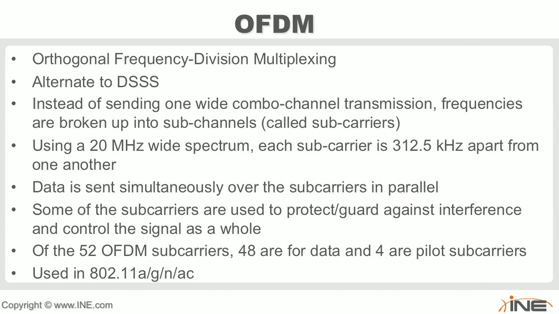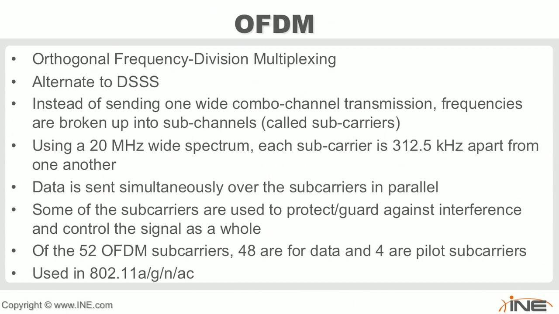With frequency division multiplexing, FDM, instead of cutting up time slices, we're cutting up different frequencies. Instead of sending one wide combination channel, frequencies are broken up into sub-channels, and we actually call these sub-carriers.